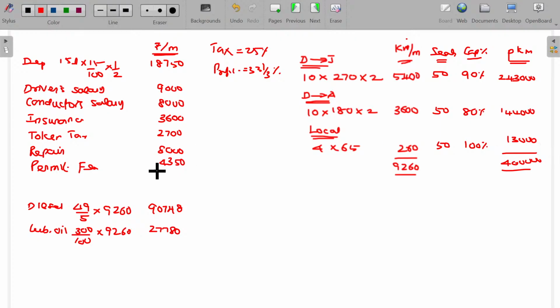Now what about the total fixed cost, variable cost and total cost? This is fixed cost. You can get the total cost by adding all the three.